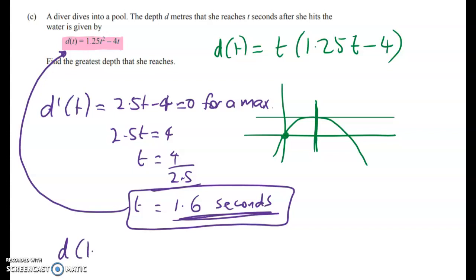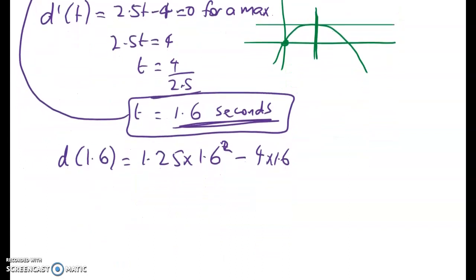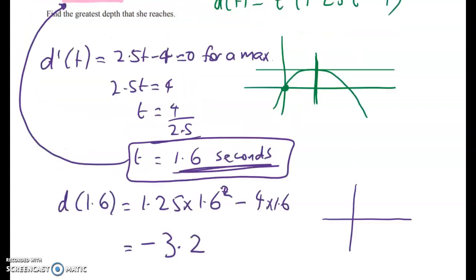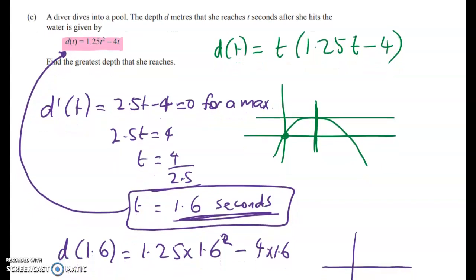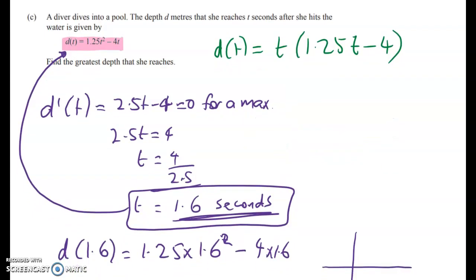So we take that t value, and now we substitute it back into here to figure out the depth. So d at 1.6 is equal to 1.25 times 1.6 squared minus 4 times 1.6. And that gives us negative 3.2. Now that makes sense because we are talking about a swimming pool. Oh, so that picture I did up there was completely wrong.